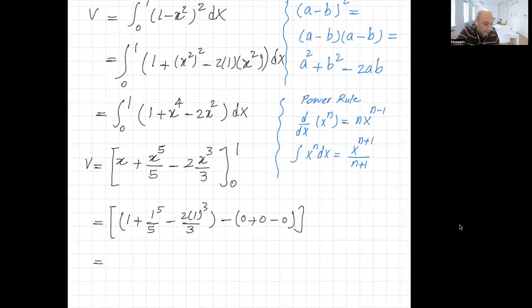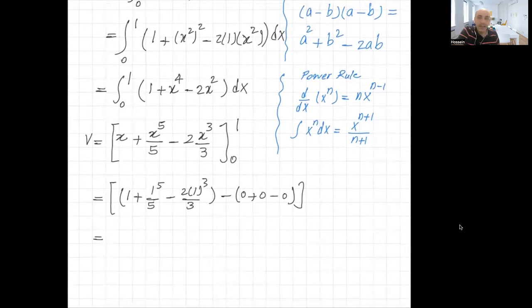And then if we simplify that, for the terms in the first parenthesis, the common denominator is going to be 15. So the first term, 1, I'm going to multiply by 15. The second term is 1 times 3.